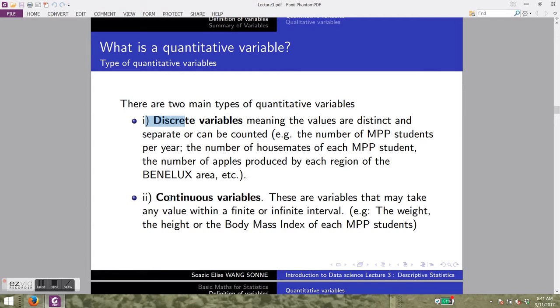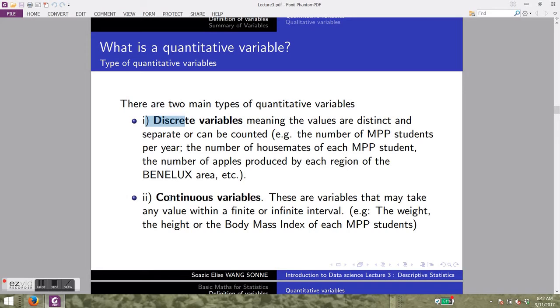I can come to the class and say, what is your weight? And then someone will say, I have 79.9 kilo, I have 100 kilo, I have 40.3 kilo. So here you can see there is an interval. The weight of MPP students might vary between 50 kilo and 150 kilo, for instance, and we will therefore say the weight of MPP students is a continuous variable.